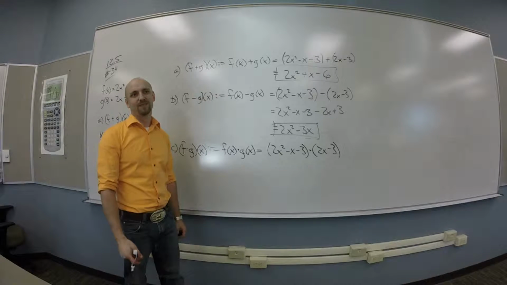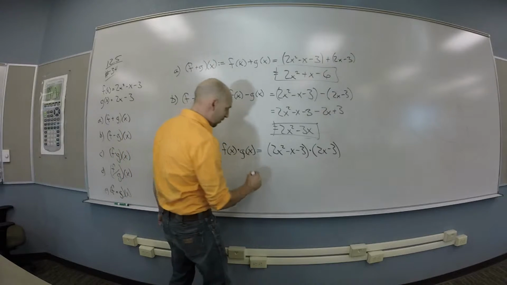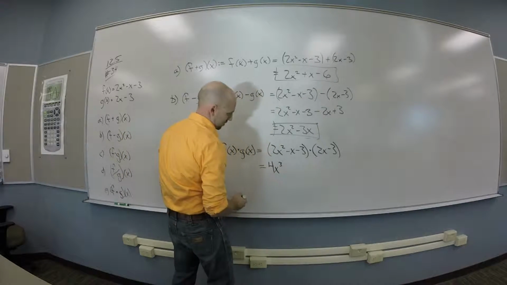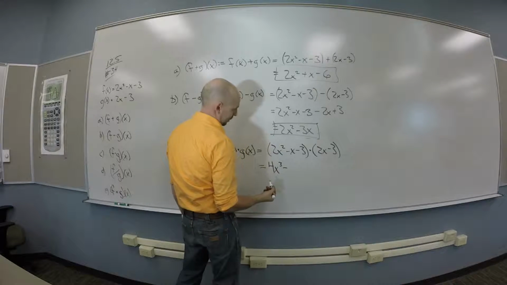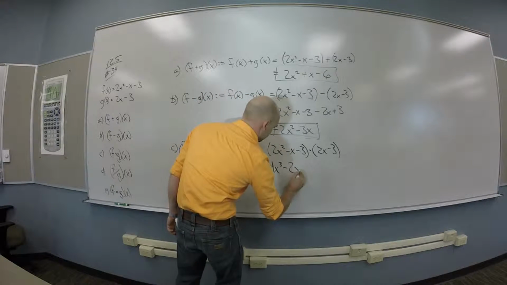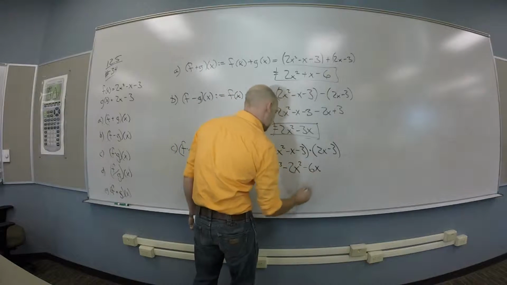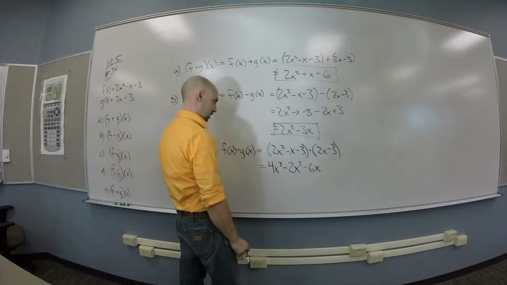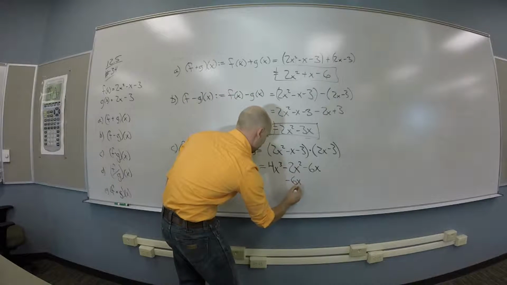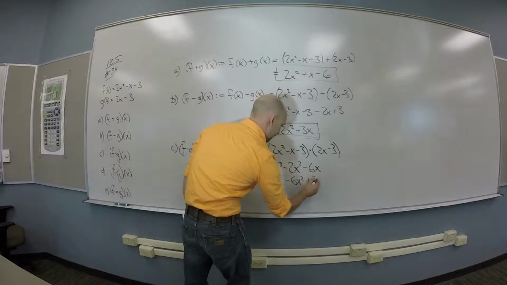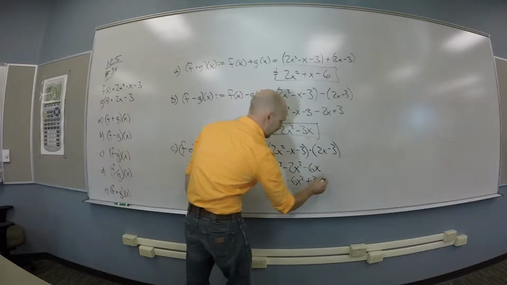Okay, so if we multiply it out, we get 4x to the third minus 2x squared, minus 6x squared, plus 3x plus 9.